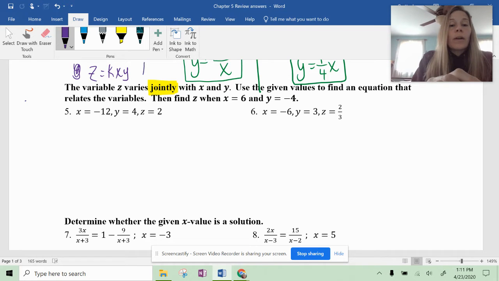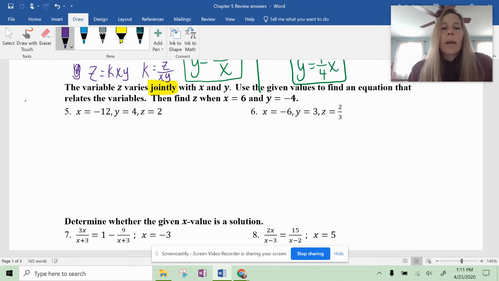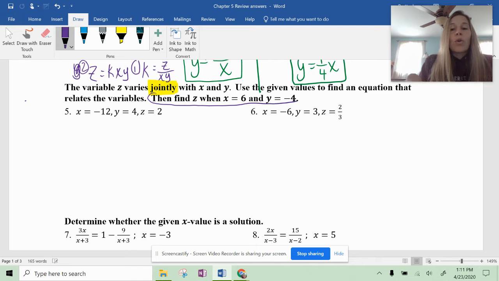And if we were getting our k, we would just take that z and divide it by that product of x, y. That was like the shortcut to get the k. So again, we're going to find the k first. Then we're going to write the equation. And then the third thing we'll do is solve for the z given these two x's and y's here.